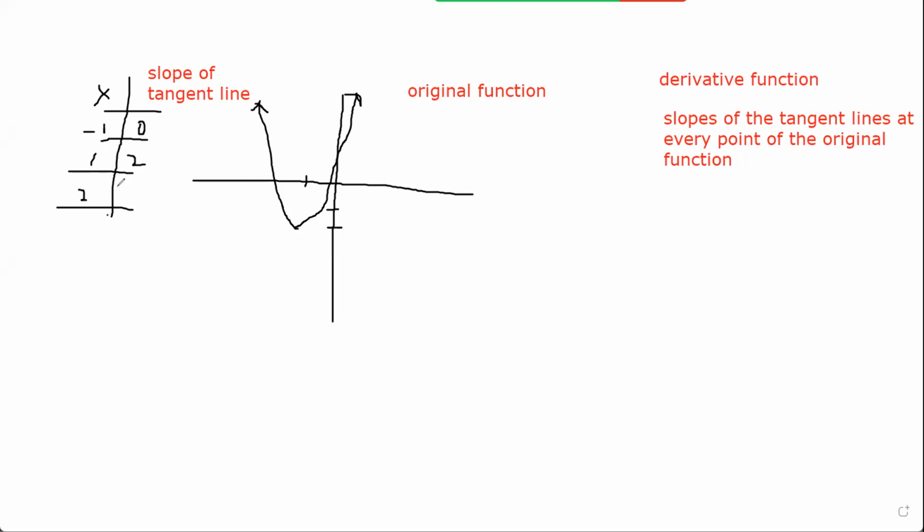So here's the thing. If I start to graph this function, I have the point -1 and 0. So I'm going through the x-axis at this point where the tangent line is horizontal. Okay?